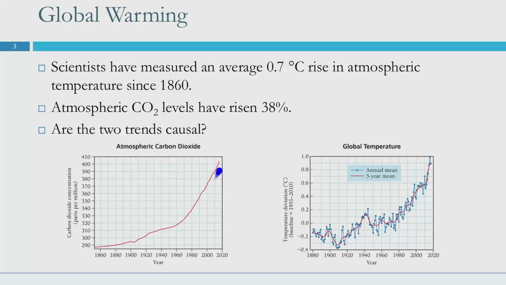As the atmospheric carbon dioxide goes up over time, so does the global temperature. But just because two things go up at the same rate, or look like they might be related, doesn't mean that they are related. Doesn't mean that carbon dioxide is causing the increase in global temperature. But it is.